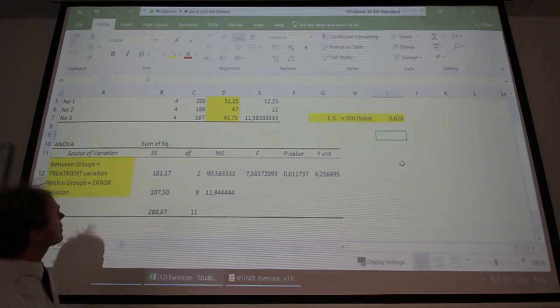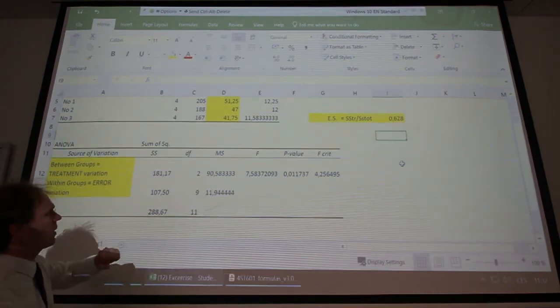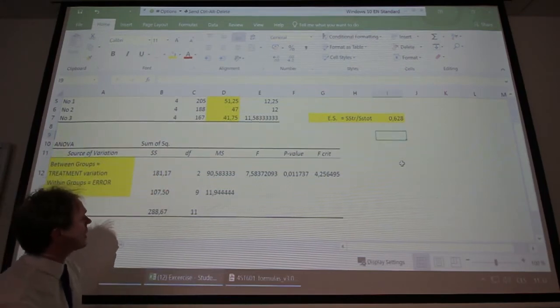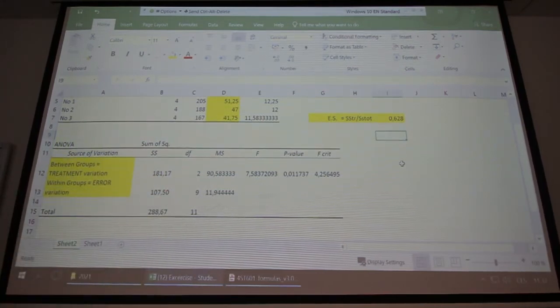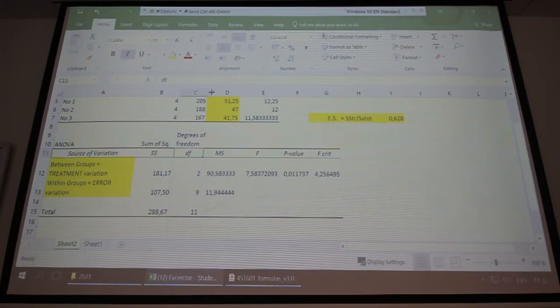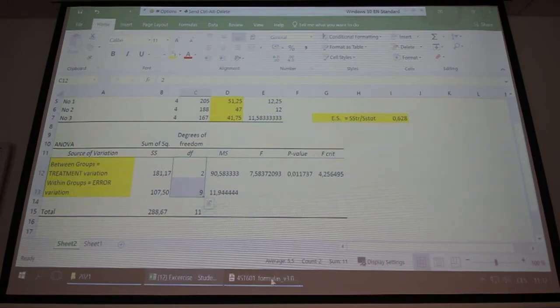So we know what this is: sum of squares here, df, degrees of freedom. There we have our values Ni1 and Ni2. You can see 2 and 9.